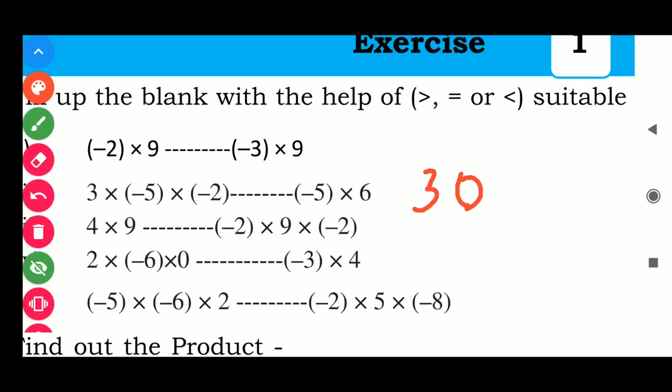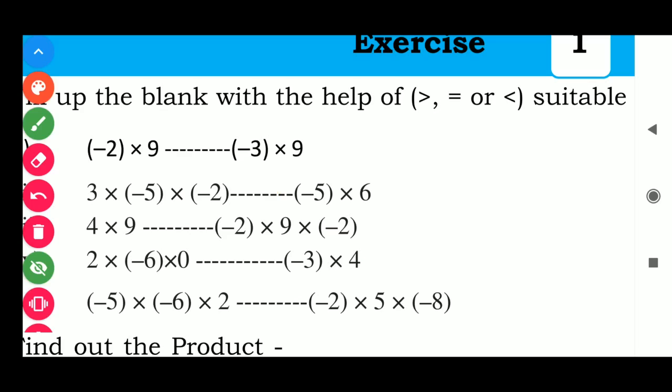And here is minus 30. So minus 30, which one is greater? That one is greater. So you can put this sign. So in the second question, put this sign. Okay.